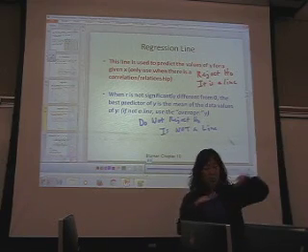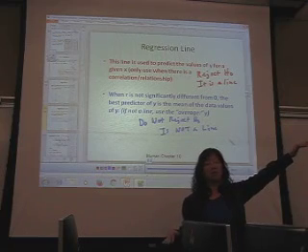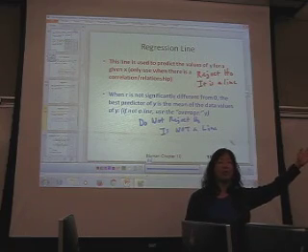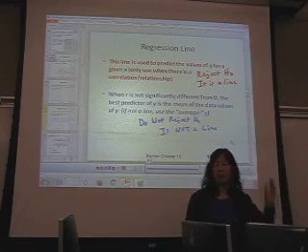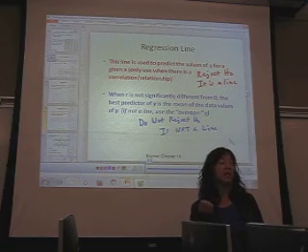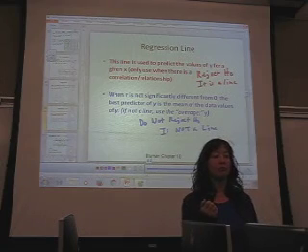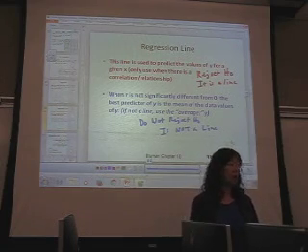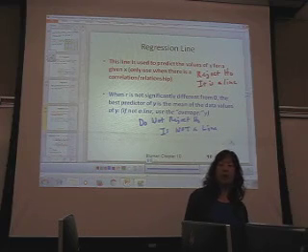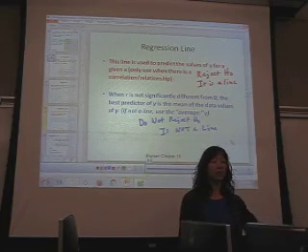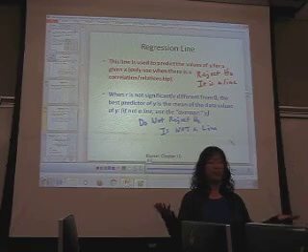Is it reasonable to use this line to predict someone with a size 16 shoe and say, oh, I think they must watch 34 hours of TV a week? No. Right? What would be the best guess at how many hours of TV they watch a week? The mean, the average number. So say people on average watch 22 hours of TV a week. Your best guess with someone with a size 16 shoe is 22 hours of TV a week.